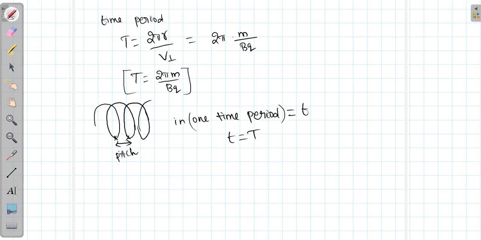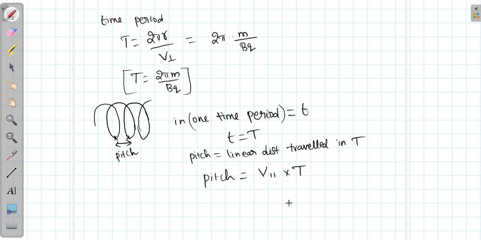So pitch is defined as the linear distance traveled in one time period. You understand? Yes, sir. Therefore, pitch is equal to V parallel into T, not V perpendicular, because linear motion is contributed by the parallel component.